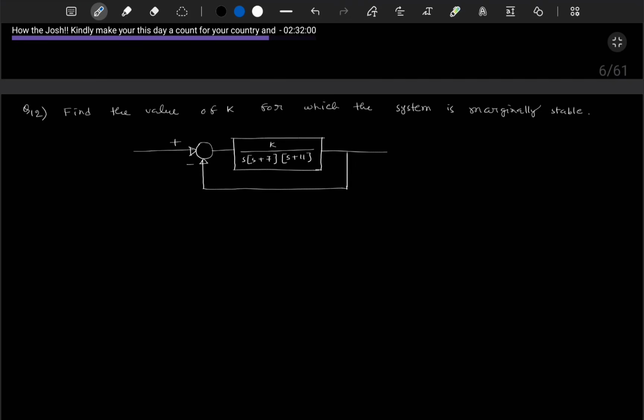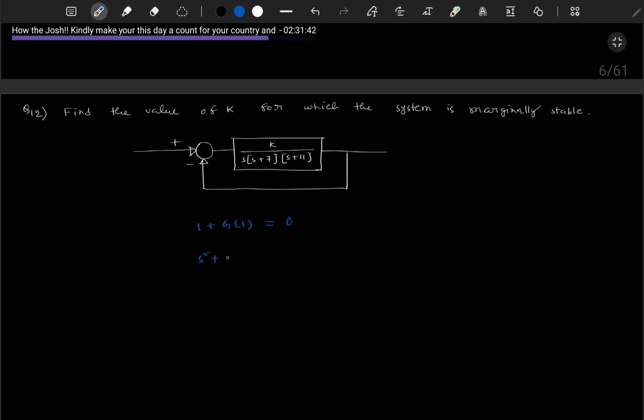Now the value of K we need to find out for which the system is marginally stable. As it is unity negative feedback, the characteristic equation is like this.